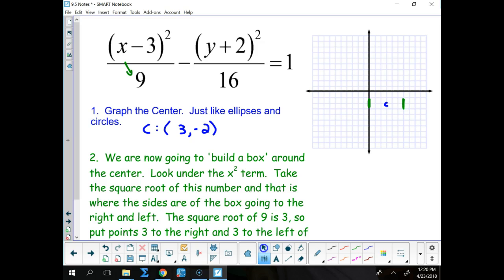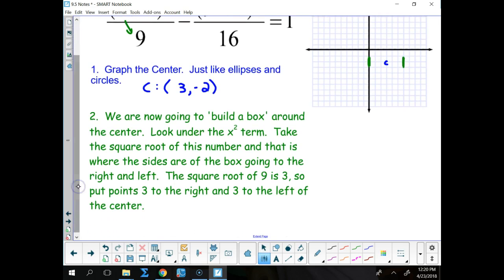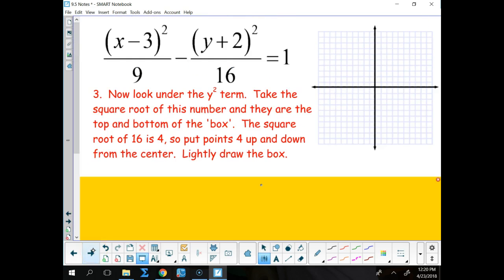For now, I'm just going to draw where that wall is on the sides. We said our center was here at 3, -2. We went out 1, 2, and 3, and 1, 2, and 3. So there are the sides of the walls.